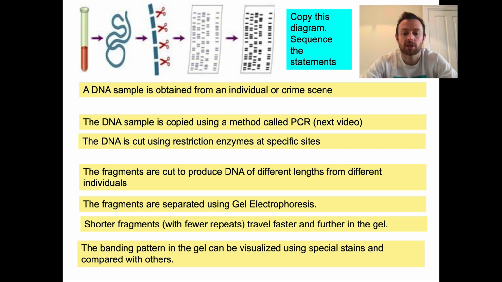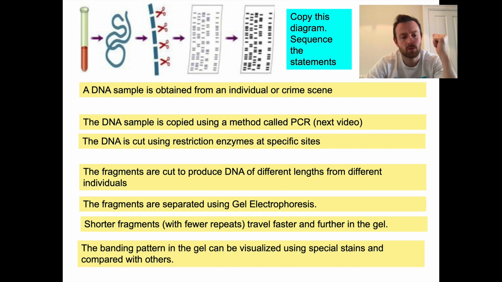And the fragments are cut to provide DNA of different lengths from different individuals. The fragments are separated using gel electrophoresis, and then we see that the shorter fragments travel faster and further in the gel, and the longer fragments travel more slowly and not as far in the gel. Then we can look at this banding pattern of the fragments by using special stains, and then we compare it with other people. So that's this DNA profiling technique.